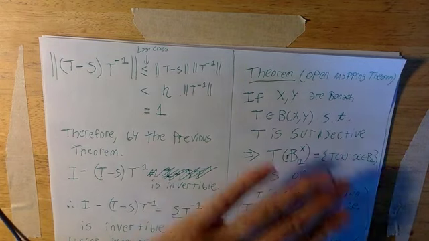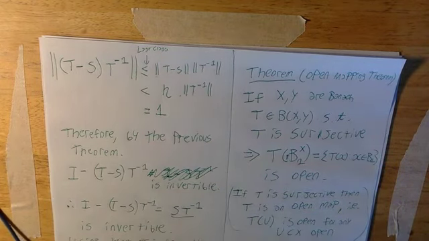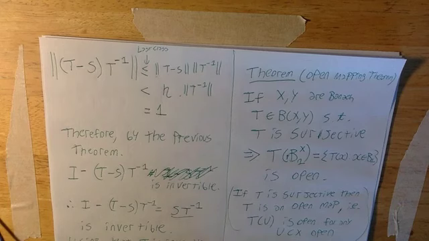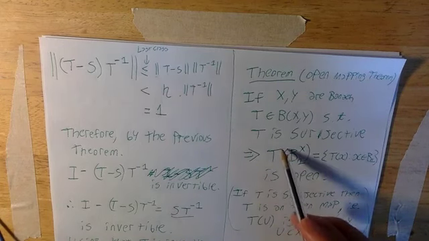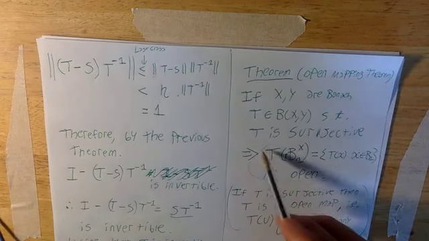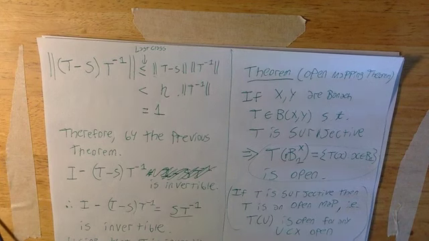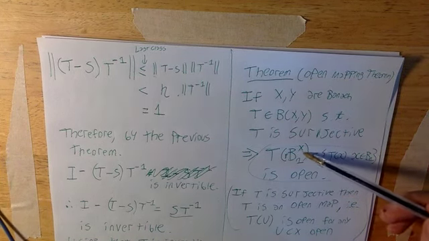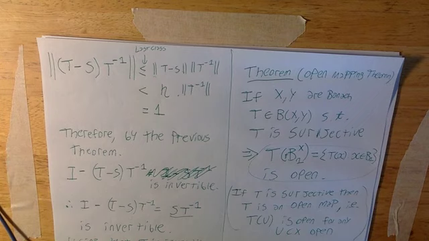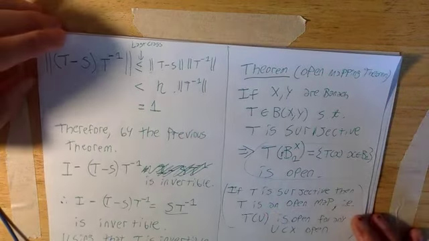Then you can use translations to get that everything is open. So the only thing you need to show is that T of B1 of X is open, and actually that it contains a neighborhood of the origin in Y. We'll do this in the proof.